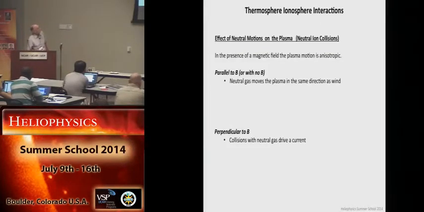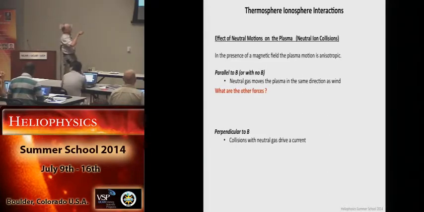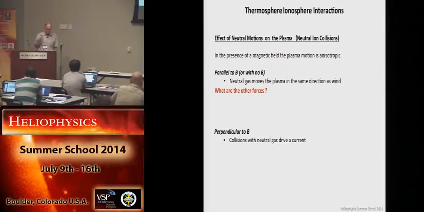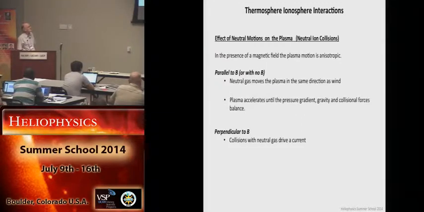Okay, so here's another little animation. So parallel to B, the neutral gas moves the plasma in the same direction as the wind. So as I said, the charged particles behave parallel to B just as if the magnetic field were not there. So if there's a force along B, then the particles just move along B. And you can ask yourself, what are the other forces?